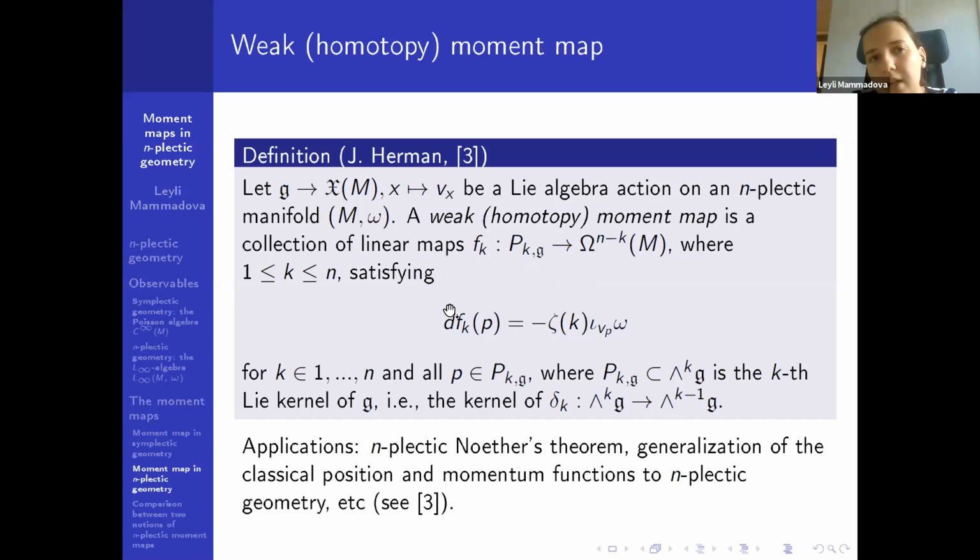So the new one you got is not an equivariant moment map anymore. It's a weak map, and it doesn't come from any equivariant moment map, because the restriction in the first one is just G itself. So the kernel is the full thing, all of G. Does this make sense?